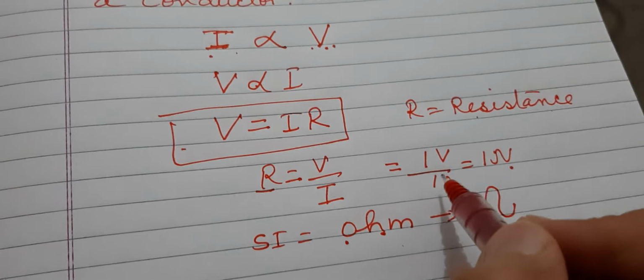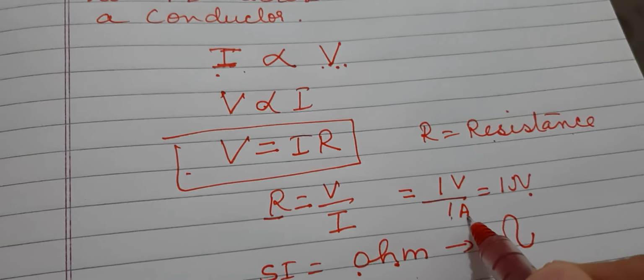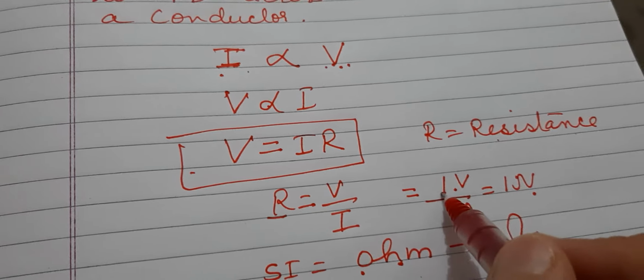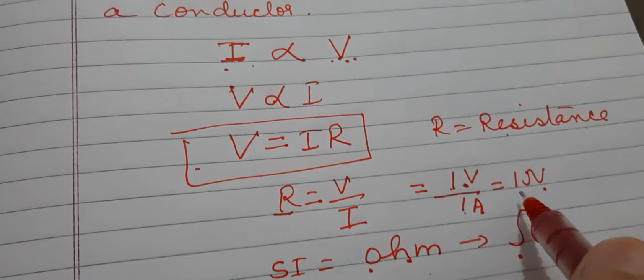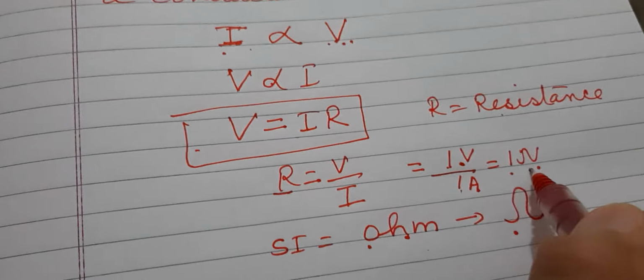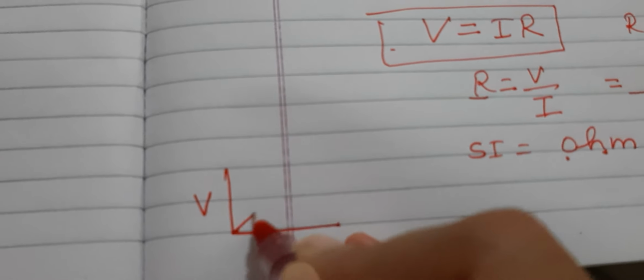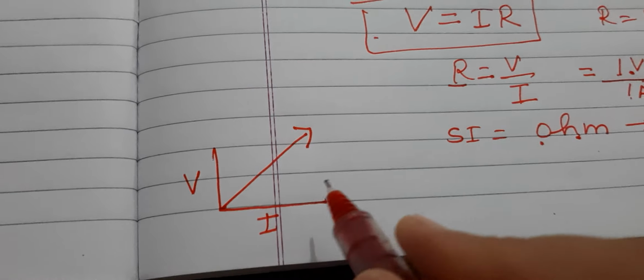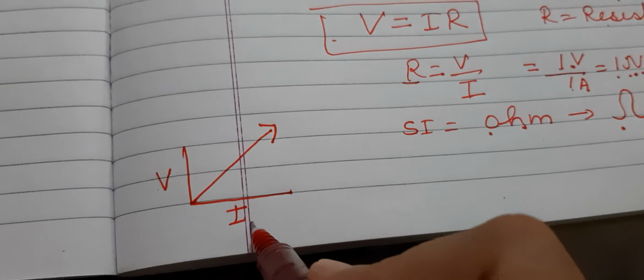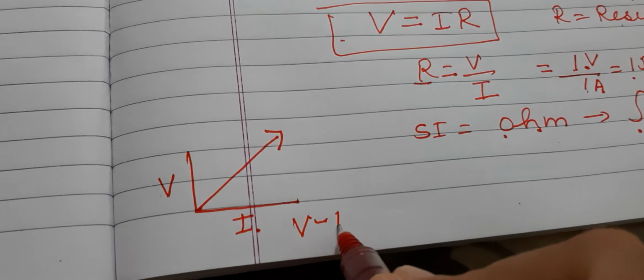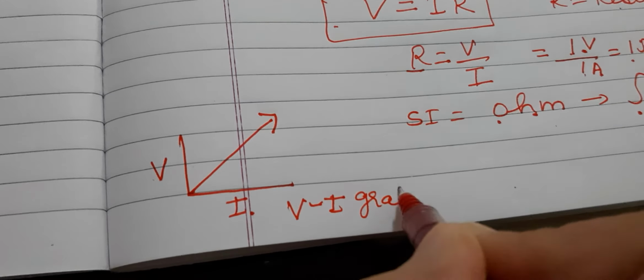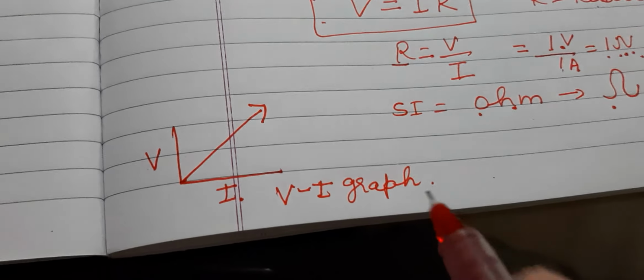When 1 ampere current is flowing through a conductor and the potential difference is 1 volt, then the resistance will be equal to 1 ohm. Now if we plot a graph between V and I, this graph will always be a straight line, which shows that V is directly proportional to I, and this graph is known as the VI graph.